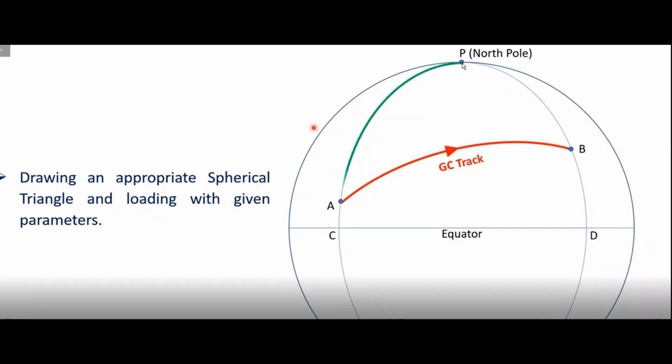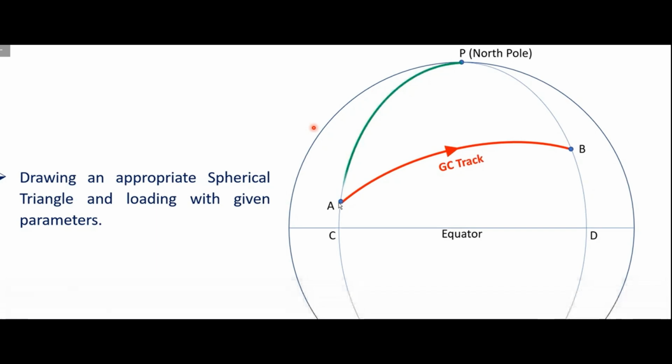Now we know pole to equator, if you measure the arc of meridian between the pole to equator, that is 90 degrees. So we know Papa to Charlie, P to C, is 90 degrees. We know A to C is equal to the latitude of A. So can you tell me what will be Papa Alpha? 90 minus latitude.